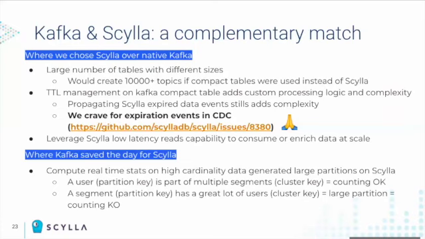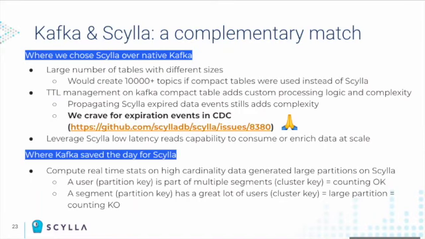Looking at the use case I previously explained, we can see that Kafka and Scylla are complementary to one another, and here's why. Here's why we chose Scylla over native Kafka. We chose Scylla since we have a large number of tables, which would impact our number of topics if we had to use Kafka natively, ending up with 10,000 more compacted topics to be created.